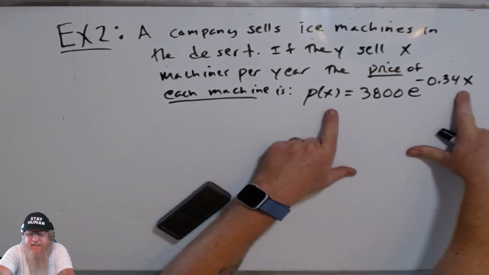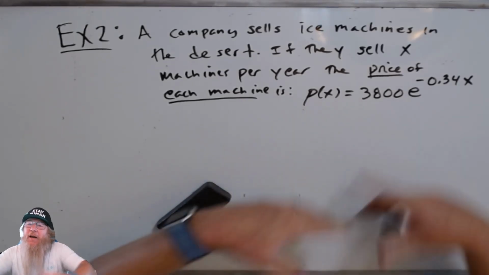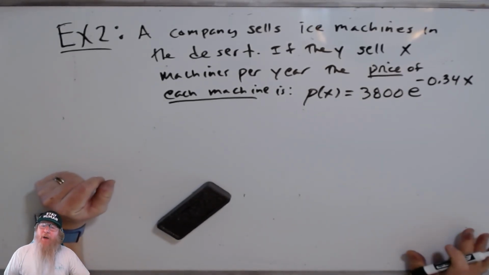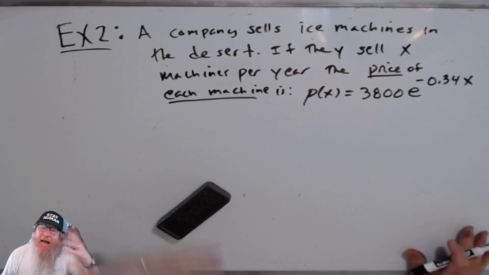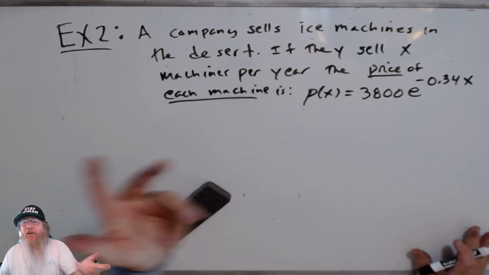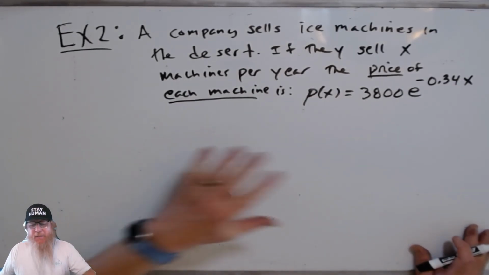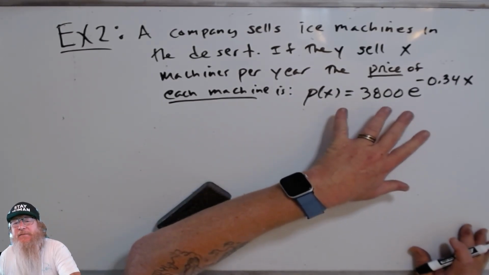If I only sell one machine per year, then plug in one, and that tells you how much that one machine would be priced at. It'd probably be pretty expensive. But as you sell more machines every year, the price can go down and you can lower the price. One thing I do in my algebra courses is I don't do calculus.